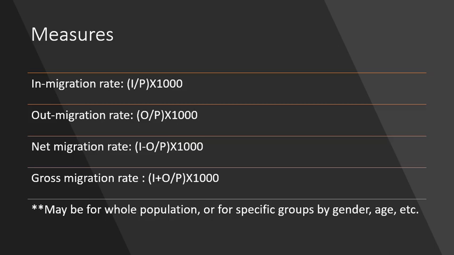Out-migration is the other side of that, the number of people leaving per population times 1,000. The net migration rate is (I minus O) over P times 1,000, while the gross migration rate is (I plus O) over P times 1,000. Those are just the equations that go along with the concepts we just reviewed.